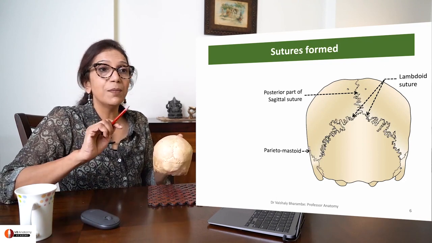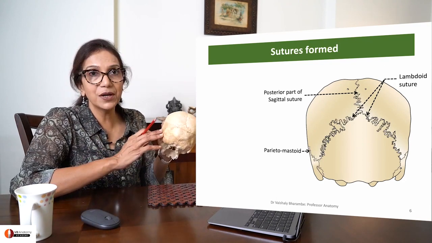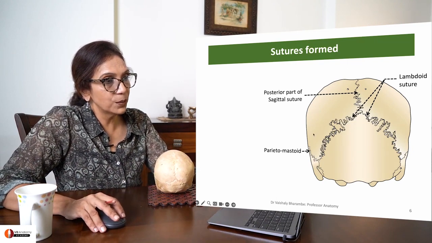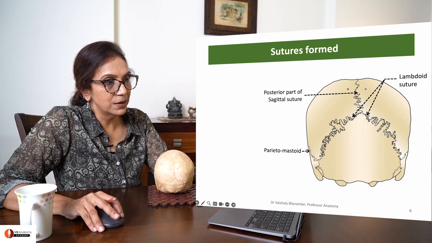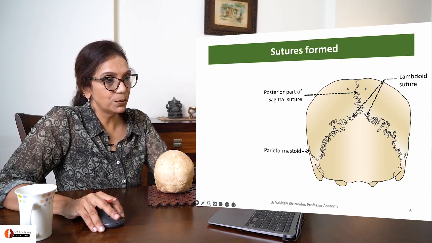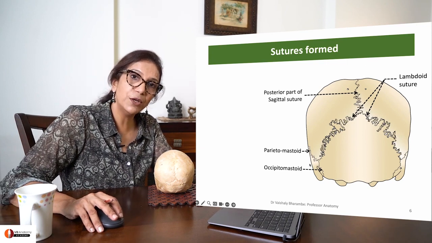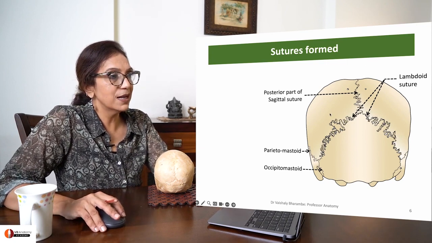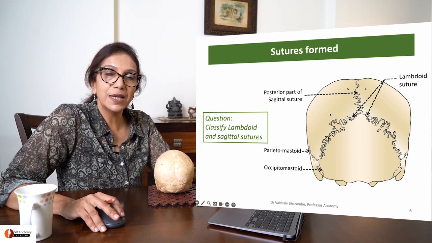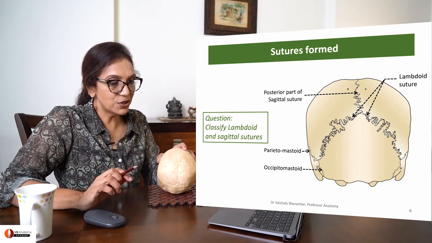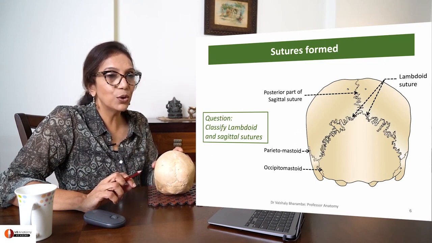Then parieto-mastoid. Look at the image here. It will be difficult for you to see on the skull. See this one between the parietal bone and the mastoid bone, parieto-mastoid. Between the occipital and the mastoid, occipito-mastoid. So all these are the sutures that are formed in the skull in Norma Occipitalis. Okay. Question is, can you classify lambdoid suture?